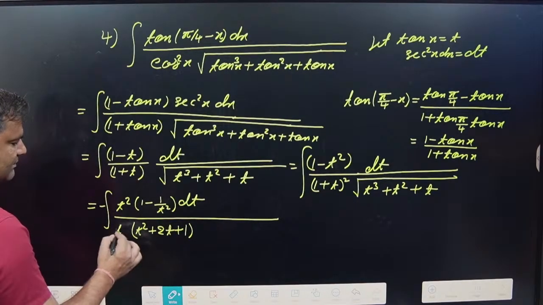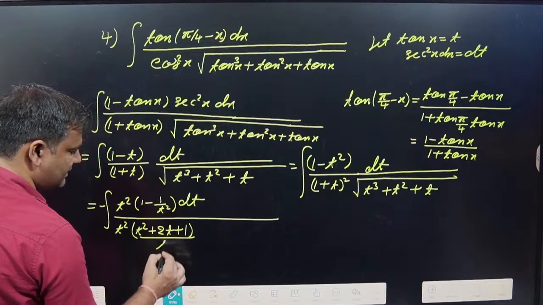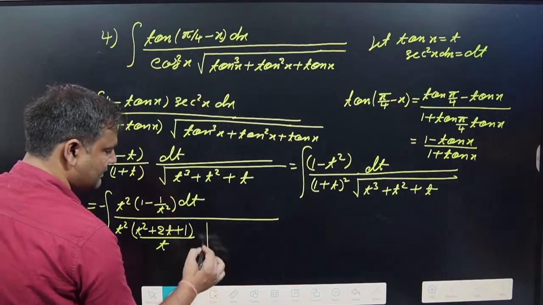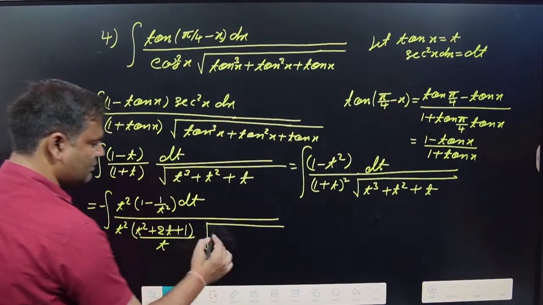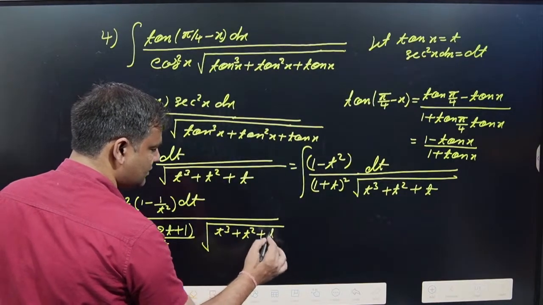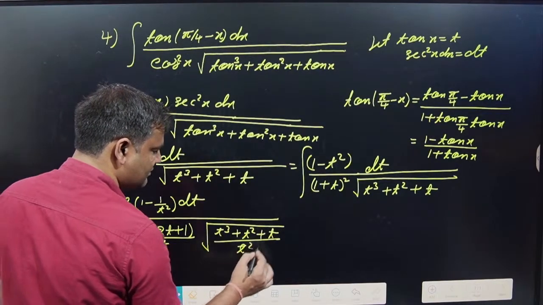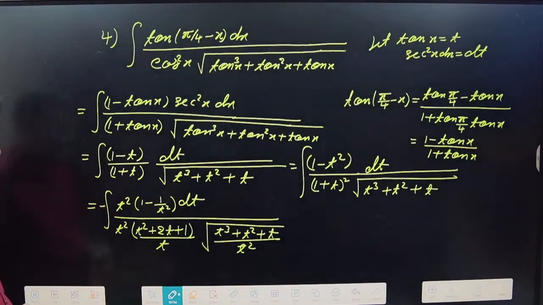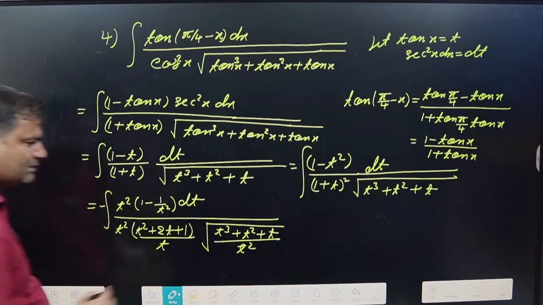If t square is common, then here simply divide by t, and in this section also divide by t. But here under the root, basically divide by t square. Then t square cancels.